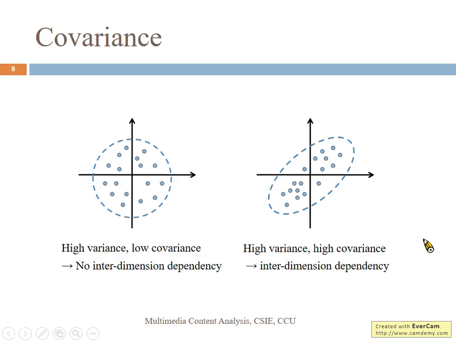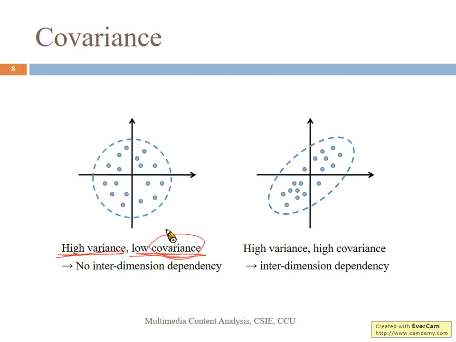So here are two distributions showing the idea of covariance. For the data like this, we can see that the data is rather random. So we can say that this data distribution has high variance but low covariance.